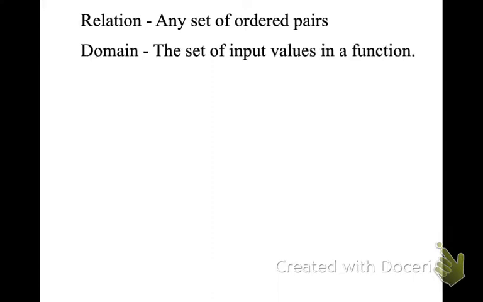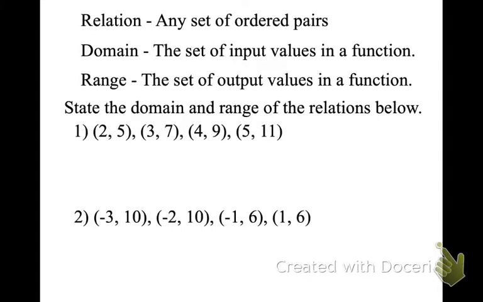All right, a relation is any set of ordered pairs. The domain is all of your input values, all of your x values. The range is all of your y values. So in this relation, number 1, the set of ordered pairs, the domain, we would say, is all of the x values.